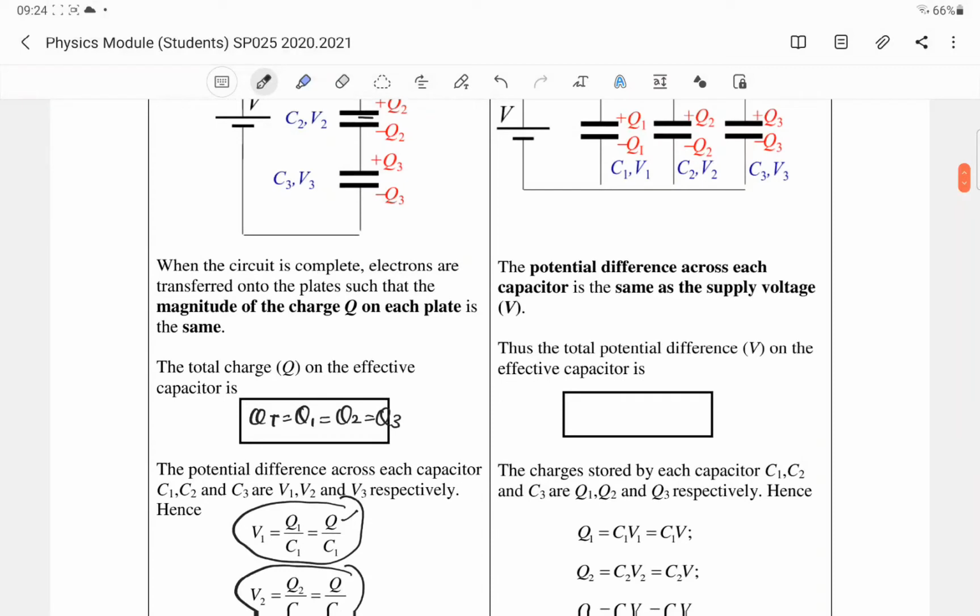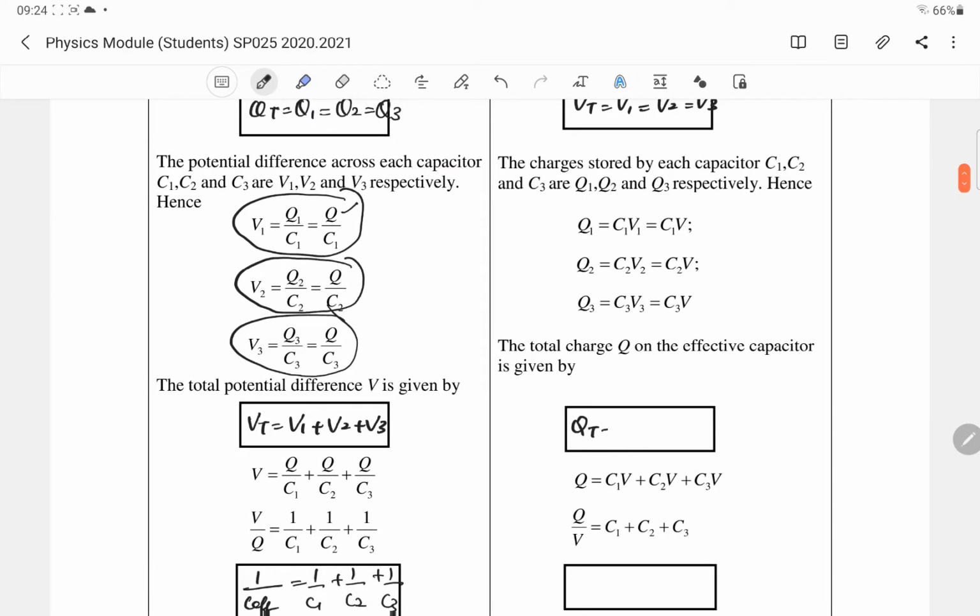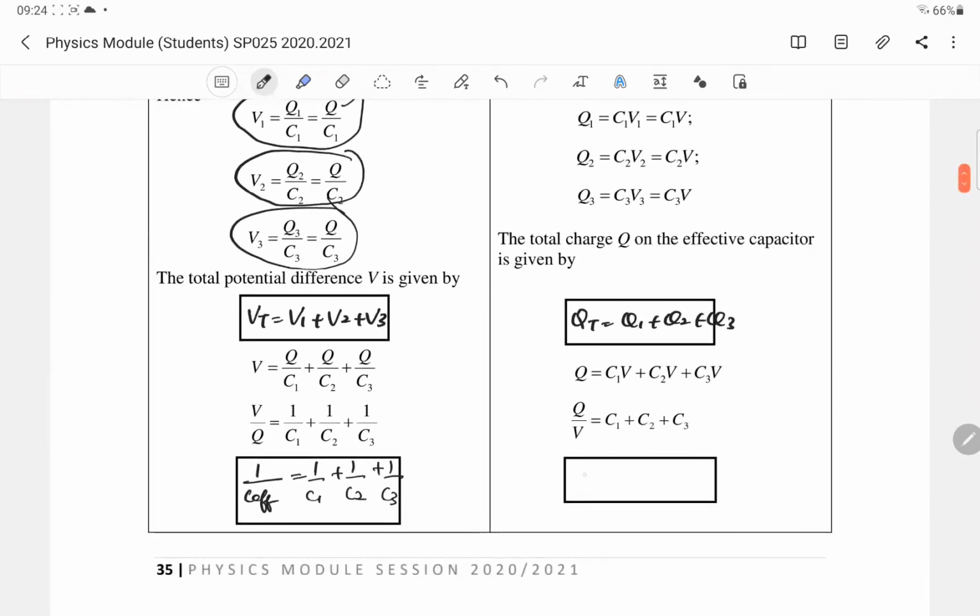Okay, tadi Q sama untuk series. Kalau V total yang kat sini, V1 equal to V2 equal to V3. Okay, and then ni punya charge pula yang kita kena tambah, Q1 plus dengan Q2 plus dengan Q3. Okay, and then dia punya C effective equal to C1 plus dengan C2 plus C3.